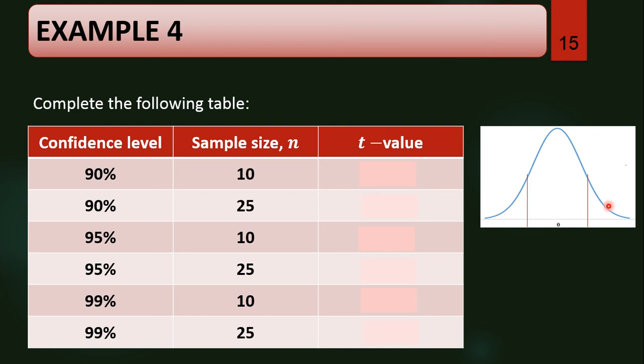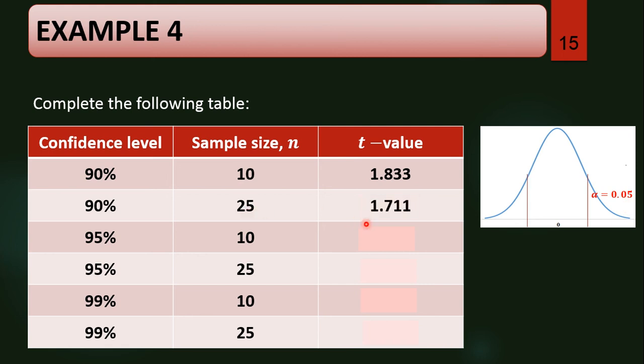So each is 5%, which is equal to 0.05. So from your T table, alpha 0.05, and then your degree of freedom is 9. So the T value will be equal to 1.833.